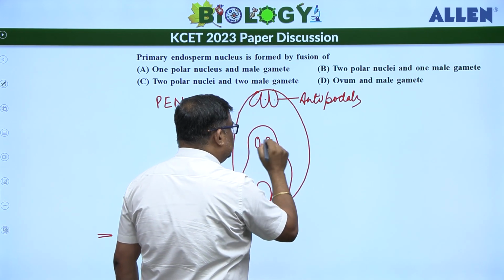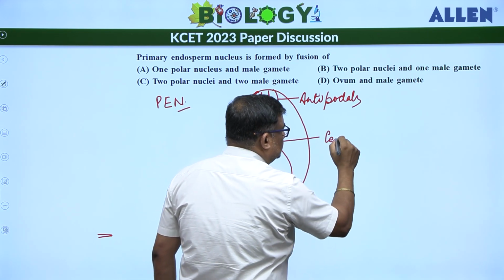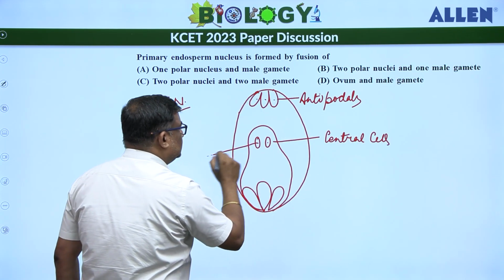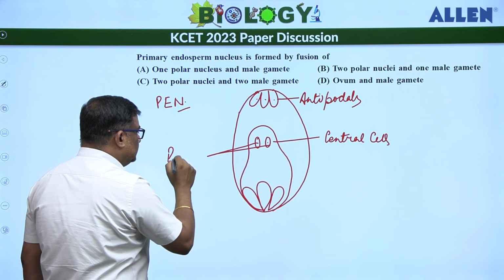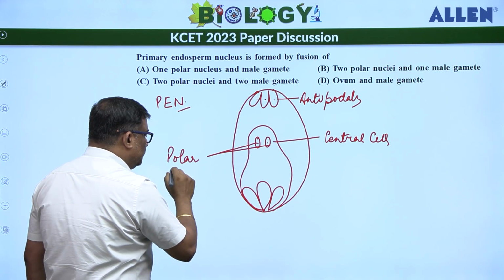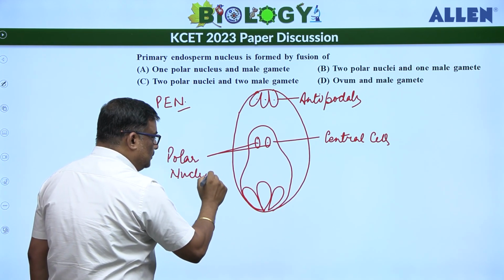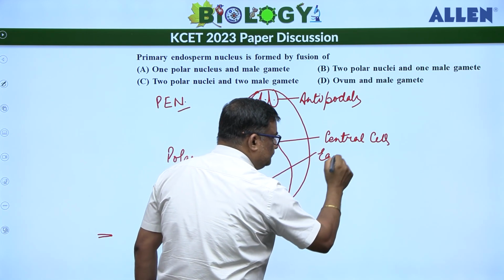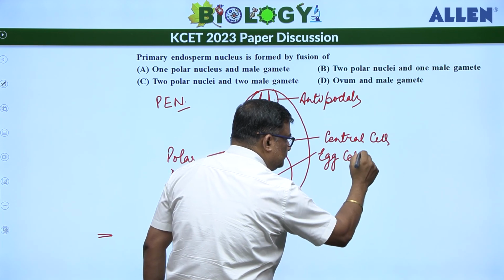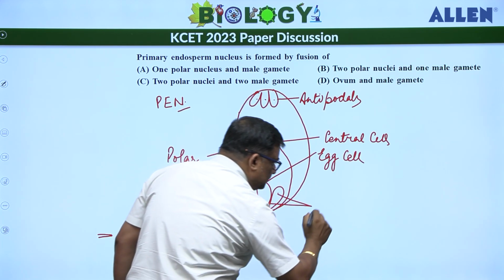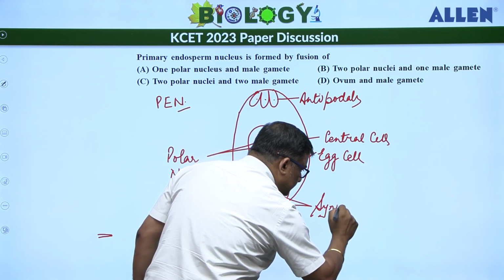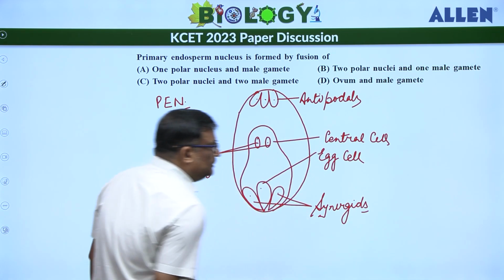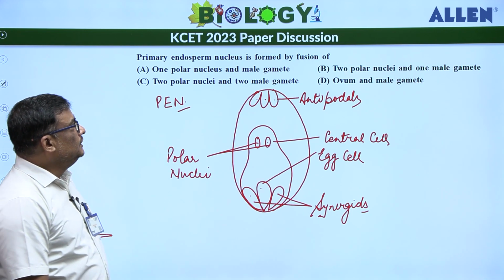Inside this you have the two polar nuclei. This is the central cell. This is going to be your egg cell, and these two are going to be synergids.